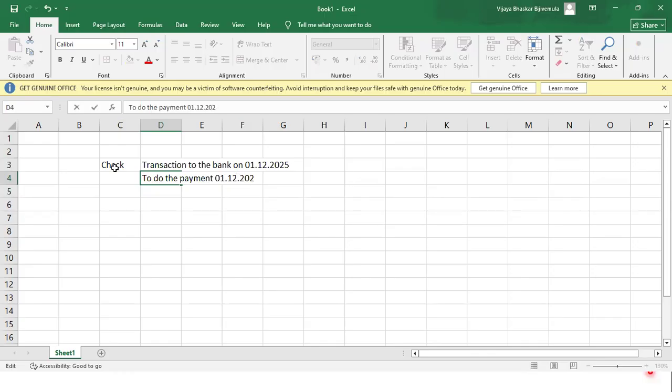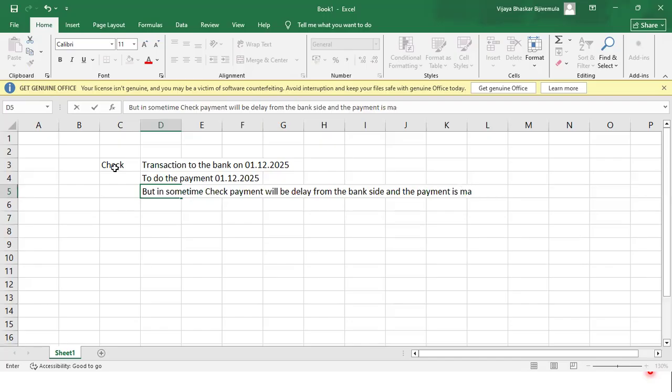But sometimes the check payment is delayed from the bank side, and the payment is made by the bank on the next day, not on the same day.